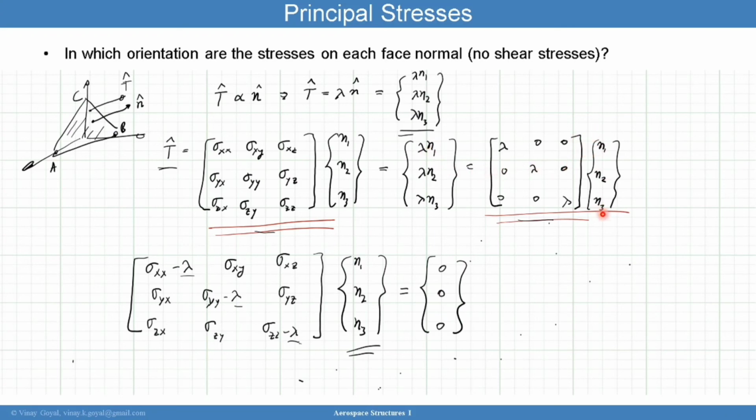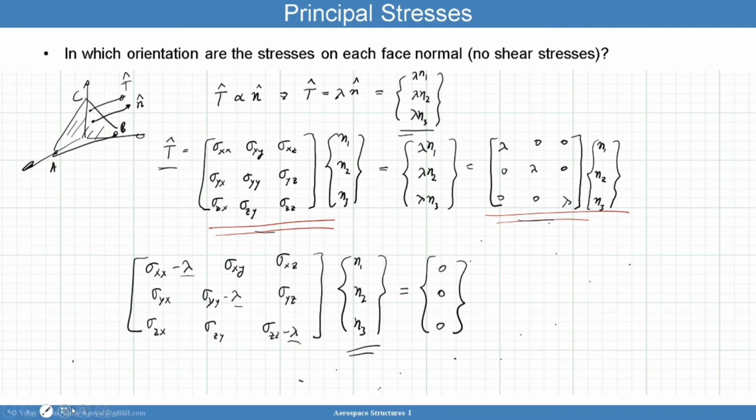This row and this column gives you this number, and so forth. So this is clearly equal to this right here, and so all I have to do is equate this to that, or bring this to the other side of the equation, and when I do that, I get sigma xx minus lambda, sigma yy minus lambda, and sigma zz minus lambda, where lambda is the only thing that's unknown along with the vector n. We don't know the orientation of that normal that gives us this traction vector t, so that only the normal component exists.